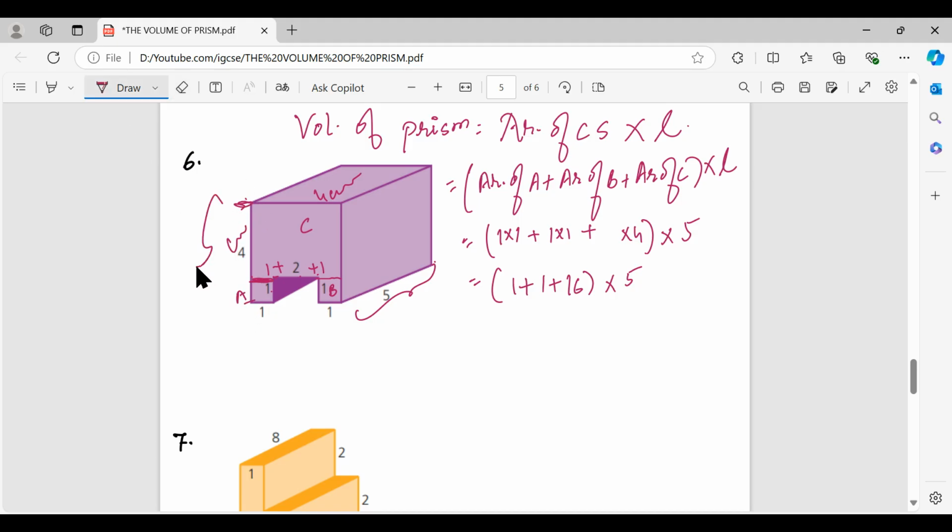So for this particular one, it is not going to be 4; only this part will be 4 minus 1, that is 3. So we will write 3 times 4, and hence we change it. 3 fours are 12. Hence you get 14 times 5, that is 70 centimeters cubed. I hope this is clear to everyone.